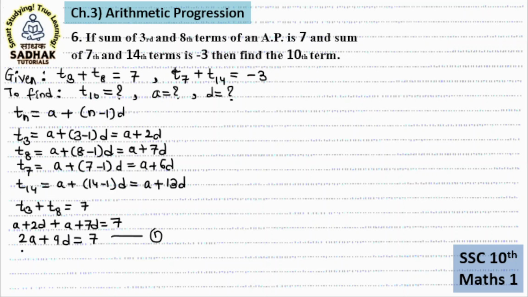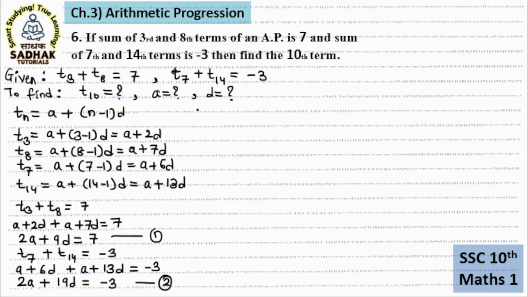Same way T7 plus T14 is minus 3. So T7 is a plus 6d, and T14 is a plus 13d, is equal to minus 3. So a plus a is 2a, 6d plus 13d is 19d, is equal to minus 3. So this is our equation number 2.